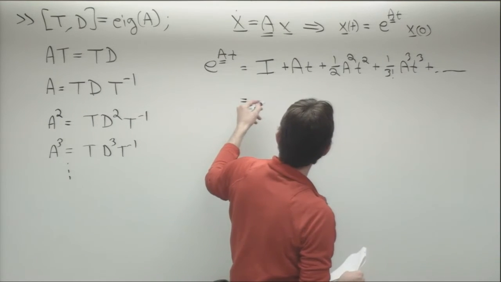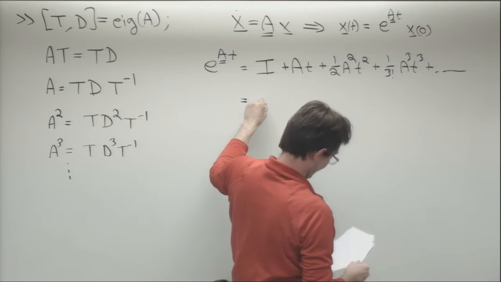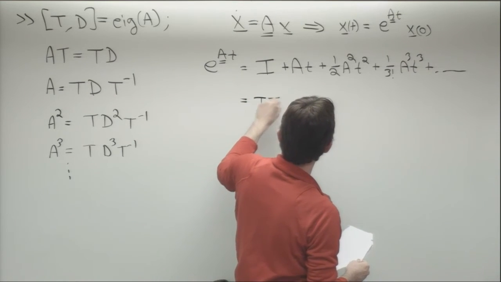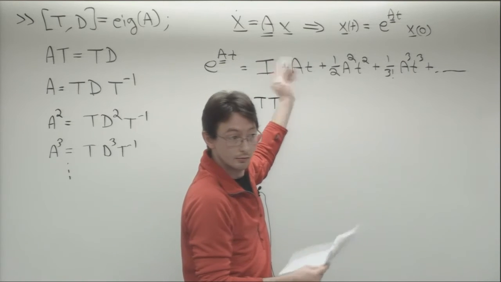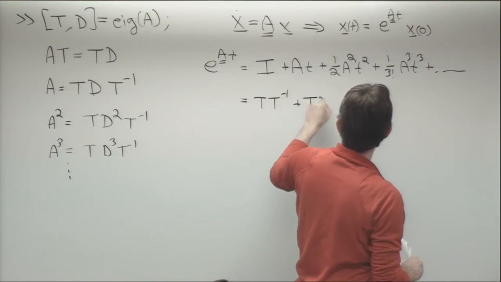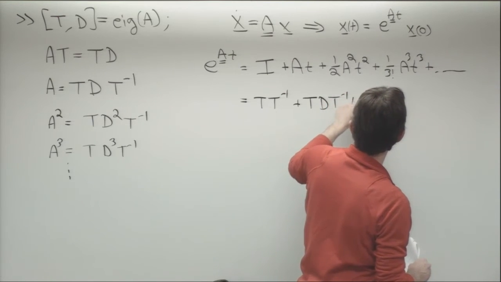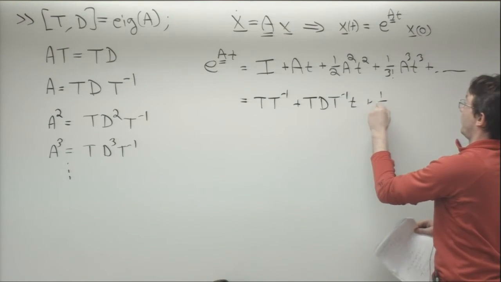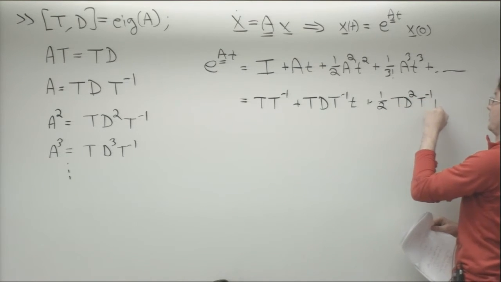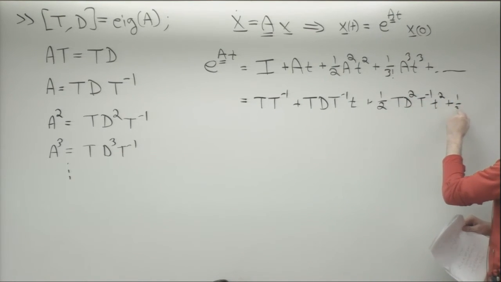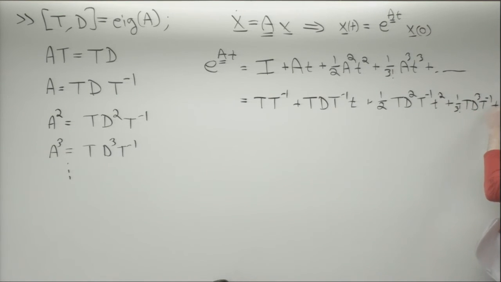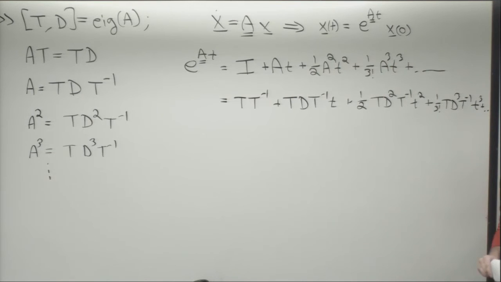So what I'm going to do is say this is really T times T inverse, that's the identity, plus big T times D times T inverse times t, plus 1/2 T times D squared times T inverse times t squared, plus 1/3 factorial T D cubed T inverse times t cubed, plus so on and so forth.